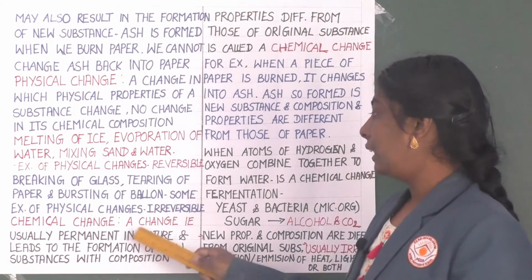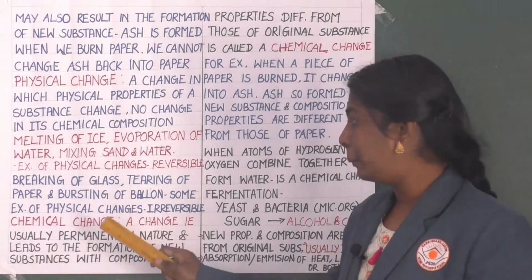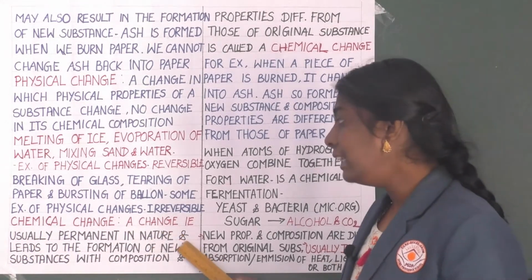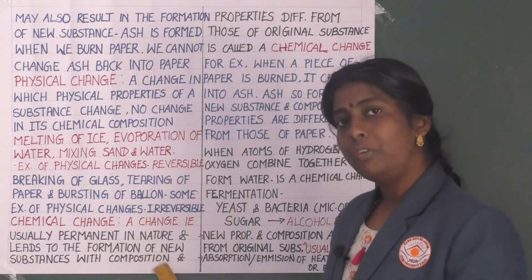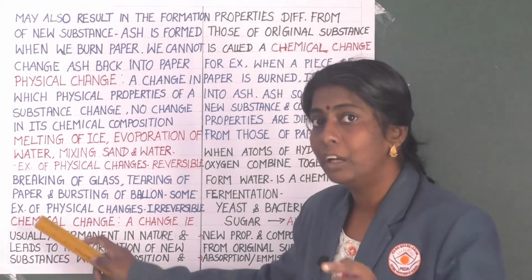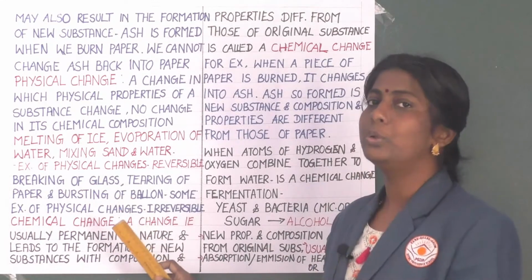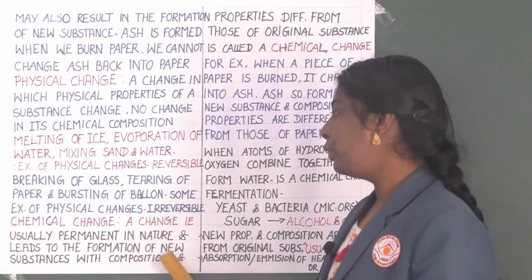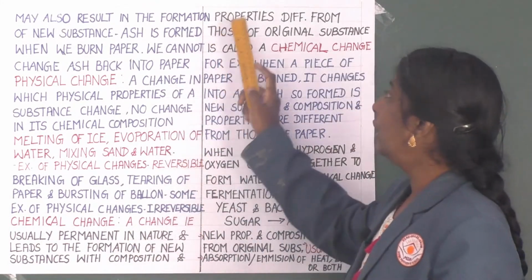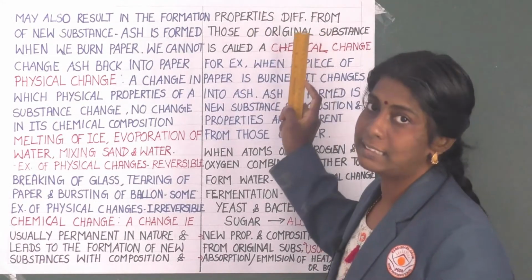So here, a change that is usually permanent in nature and leads to the formation of new substances. It won't exist as the older one. It has changed into new substances with composition and properties different from those of the original substances.